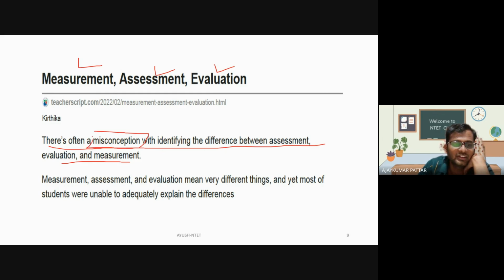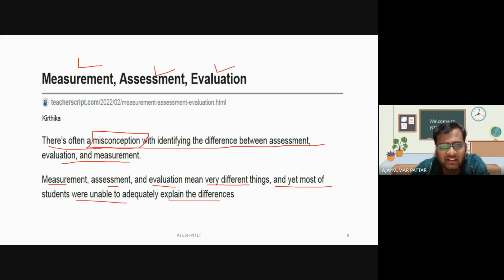Measurement, assessment, evaluation mean very different things, and yet most students were unable to adequately explain these differences. Even some teachers and instructors are unable to know the difference, because we generally use assessment and evaluation interchangeably. So we don't have a clear-cut idea. That is the misconception.